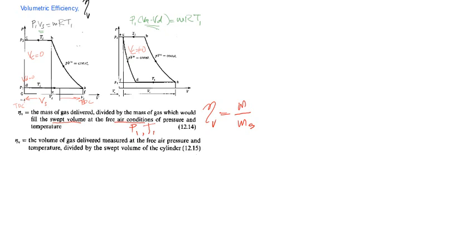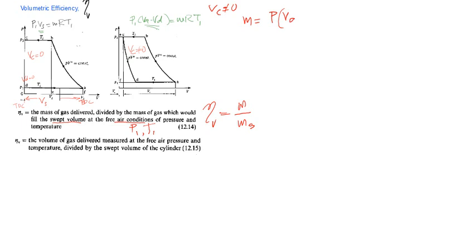Then if we look carefully, what is our m? I'm looking at the case where VC is not equal to 0. m is equal to PV divided by RT. What is our V?